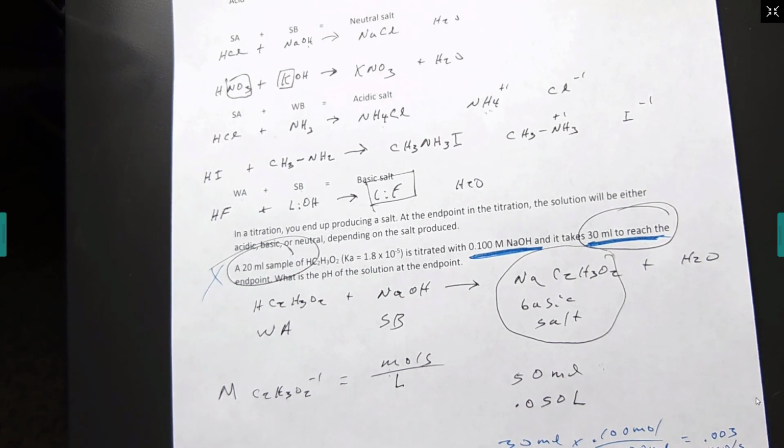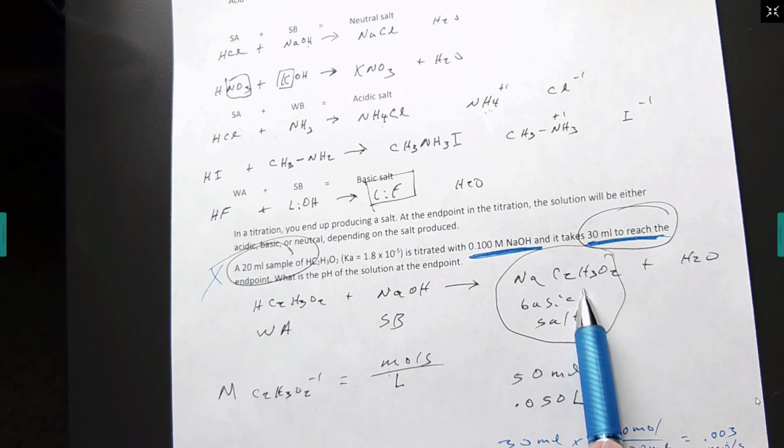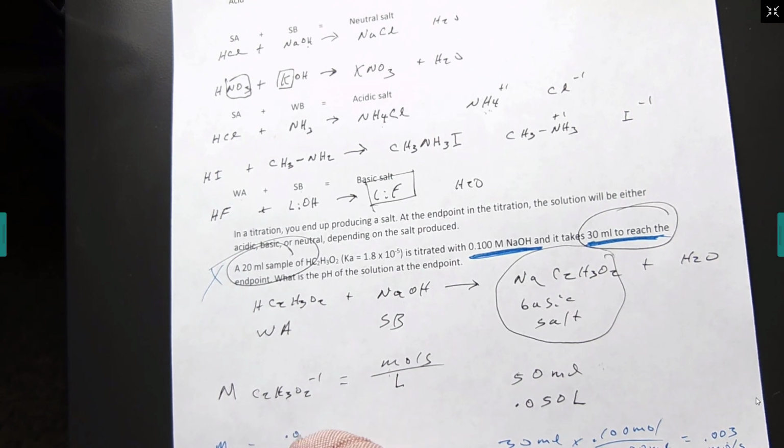So that many moles of sodium hydroxide were added to reach the endpoint. That means that's how many moles of this I had, and that's also going to be the number of moles of this. So your molarity here on this stuff is going to be 0.003 moles per 0.050 liters. It's going to be 0.06 molar.